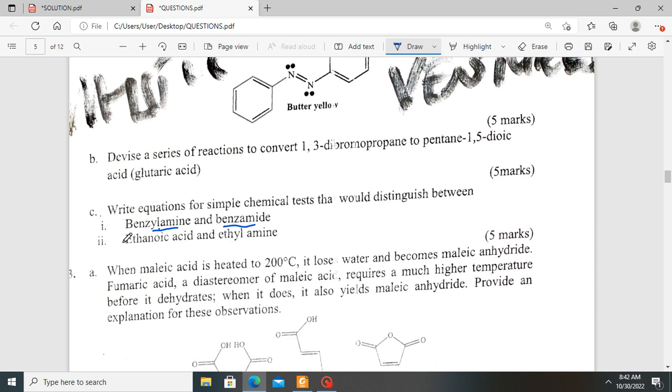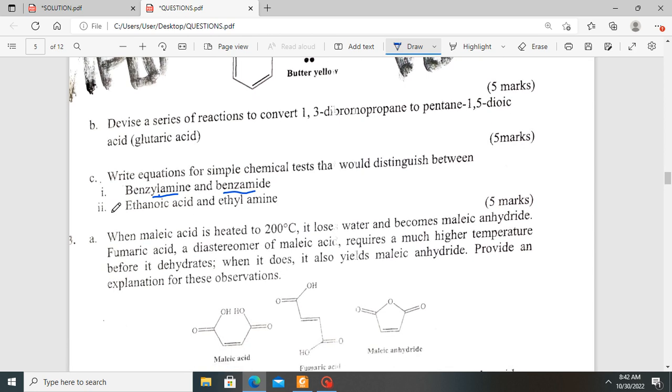Once again, ethanoic acid, being a carboxylic acid, can be tested using sodium carbonate or sodium bicarbonate. When you react sodium bicarbonate with a carboxylic acid, carbon dioxide is evolved, a gas that can be tested by passing it through lime water to observe a milky substance. So either you use the benzene sulfonyl chloride test for the amine, or you use the sodium carbonate test. It works for any of them.